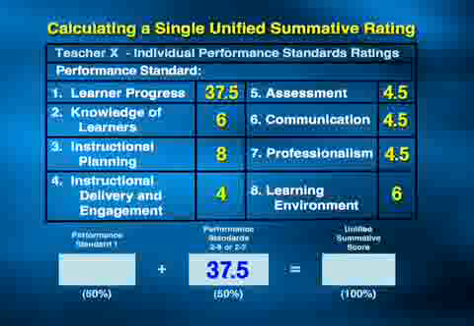Standard 1, learner progress, will be calculated according to the applicable state value-added model and will be combined with the subtotal from the professional practices standards to determine the final unified summative score. If Teacher X receives 37.5 percentage points on Standard 1, learner progress, plus 37.5 percentage points on Standards 2 through 8, the total will equal 75 percentage points.